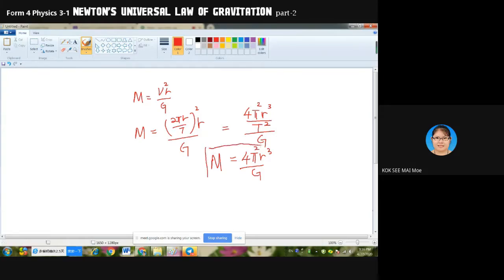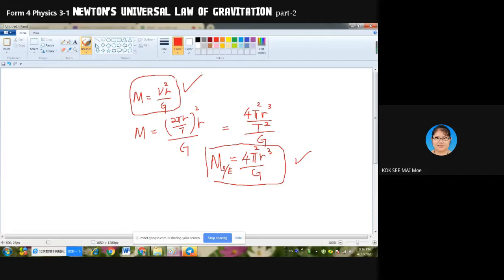So this one is another formula to find either the mass of the sun or the mass of the earth. So we have 2 formulas we can use to find the mass, either this one or the other one. Okay, so we just go until here.